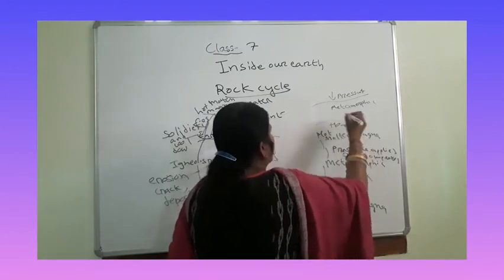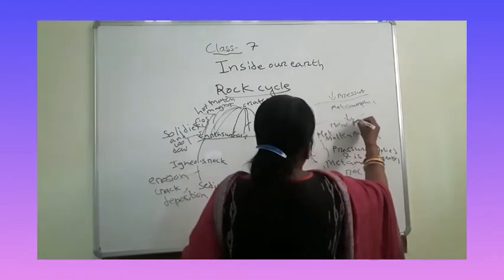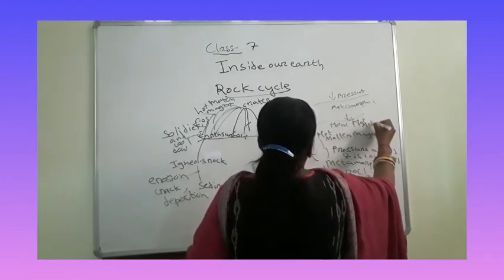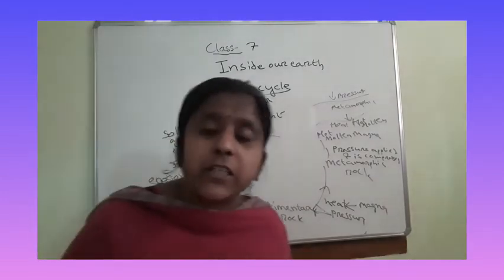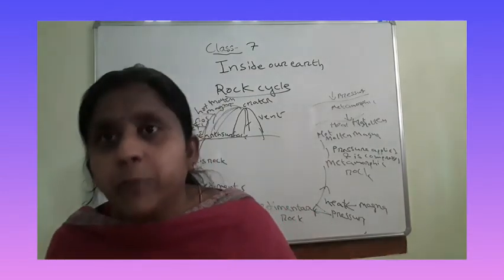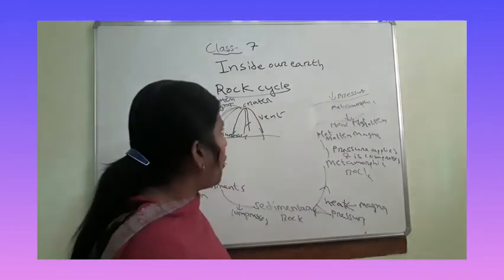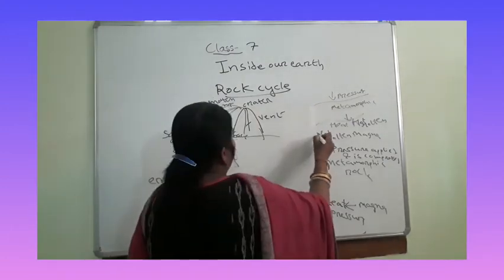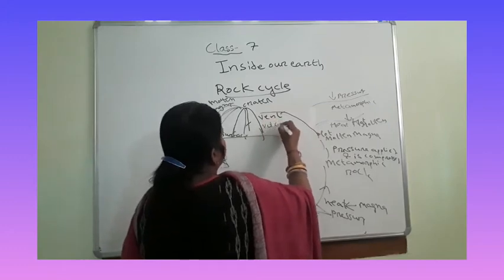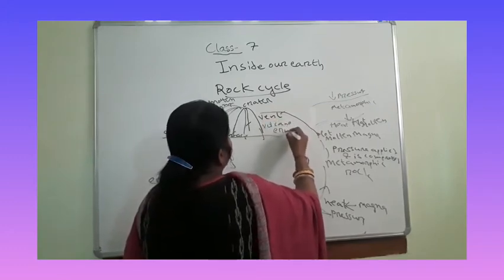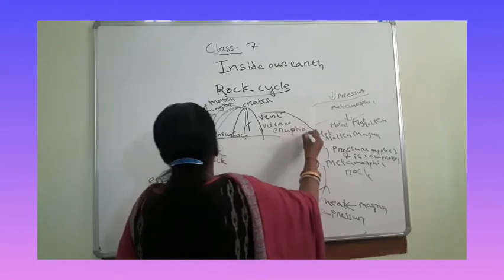It goes down. As more and more pressure is applied, it changes into hot molten magma. And this molten magma again comes out as a volcano eruption, and it changes into igneous rock.